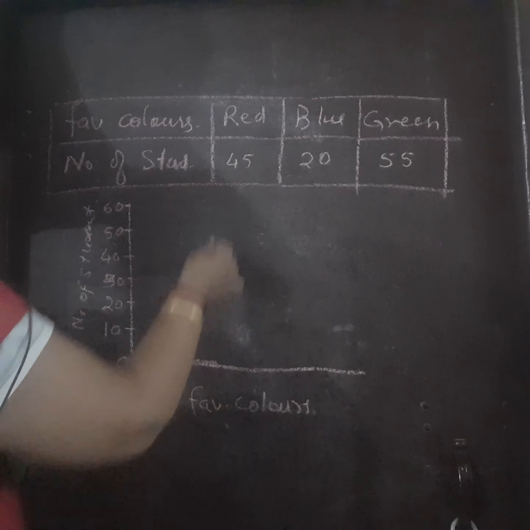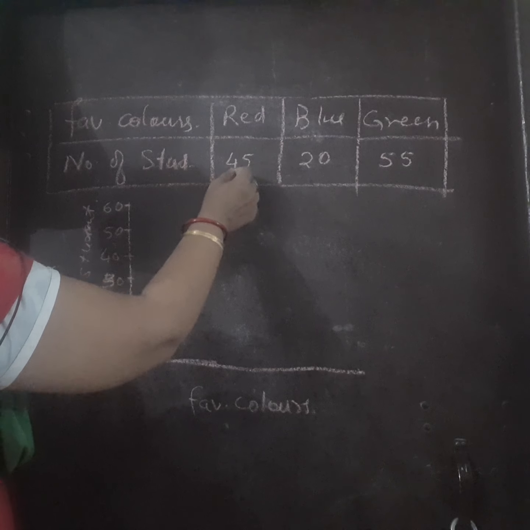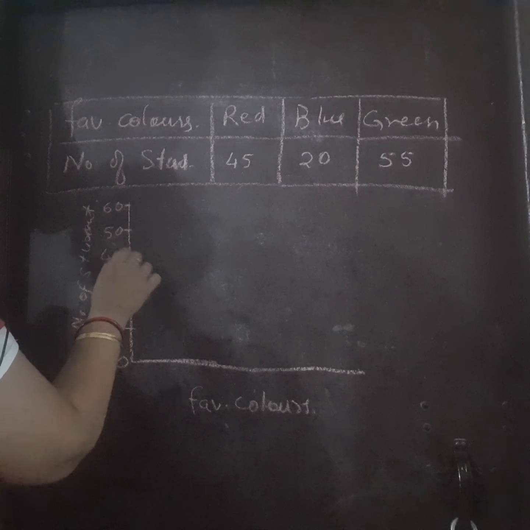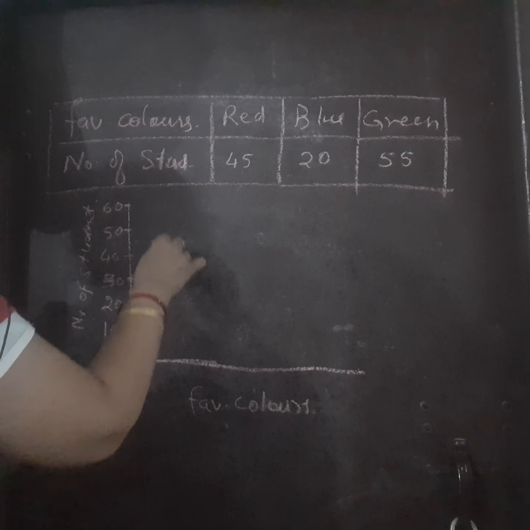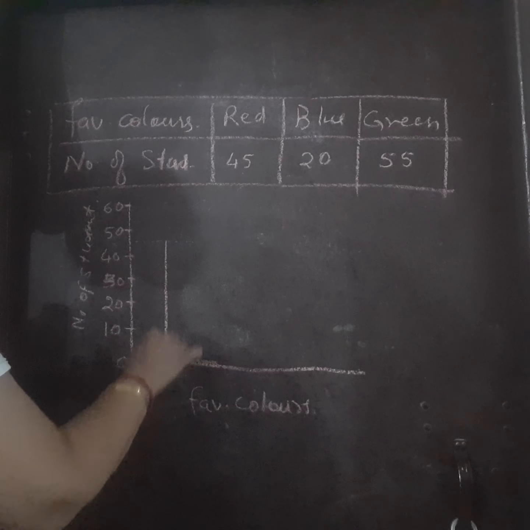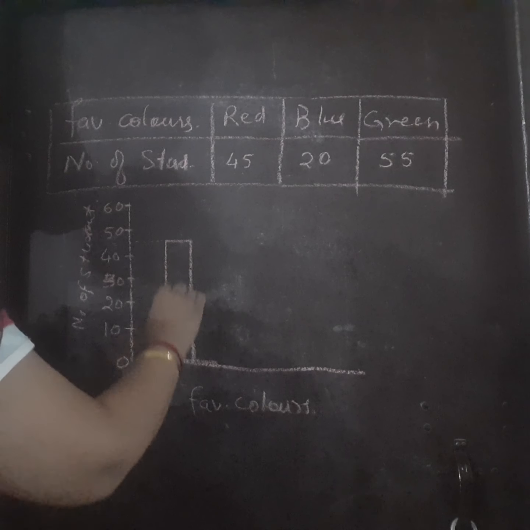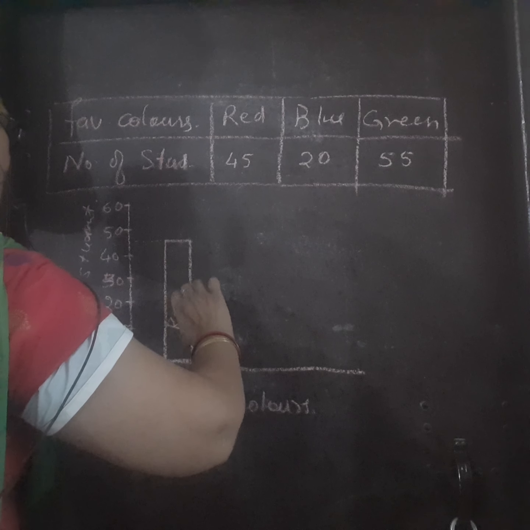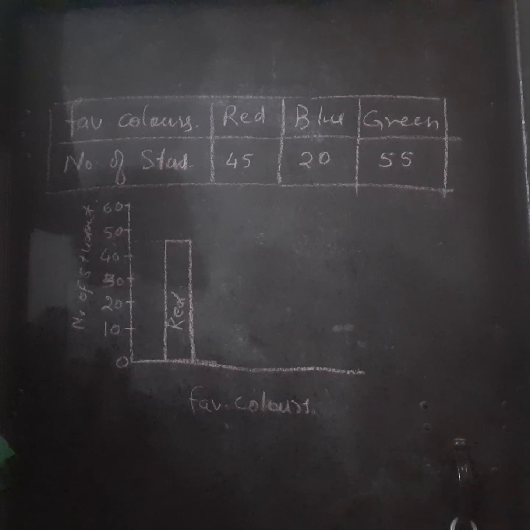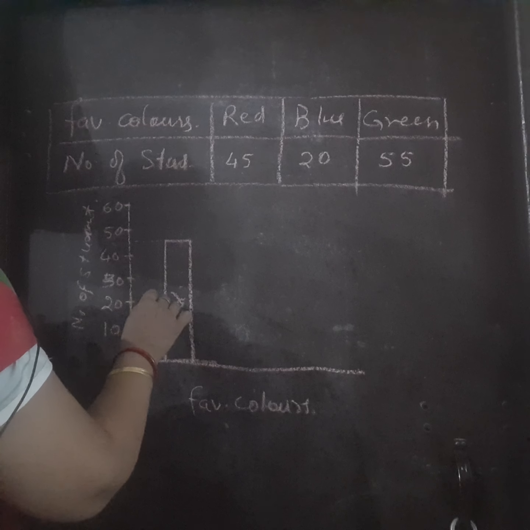Now favorite color red. Red is liked by how many students? 45. So here is 40, somewhere here will be 45. So you can draw a bar in this way, and this is the bar graph for red color. Now second, blue is liked by 20 students.